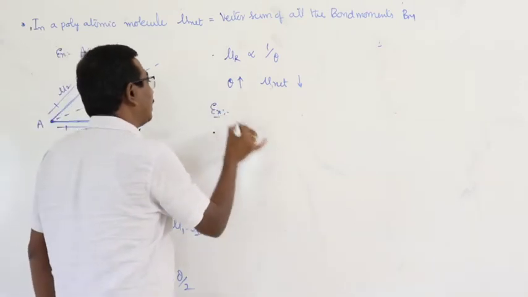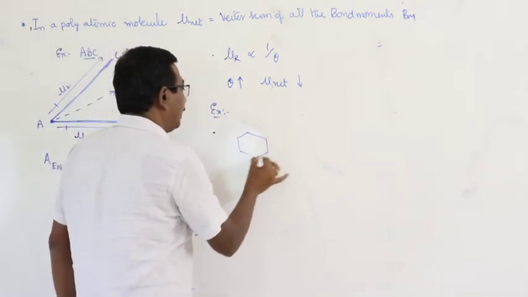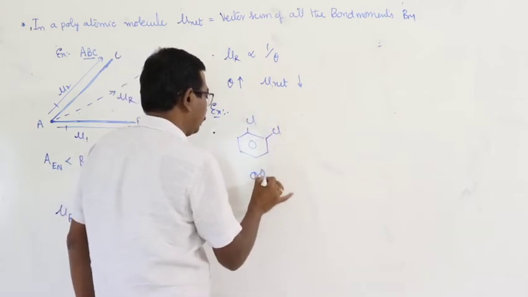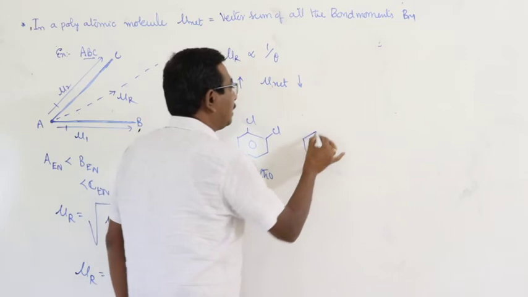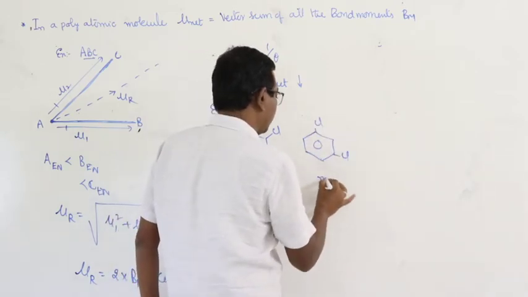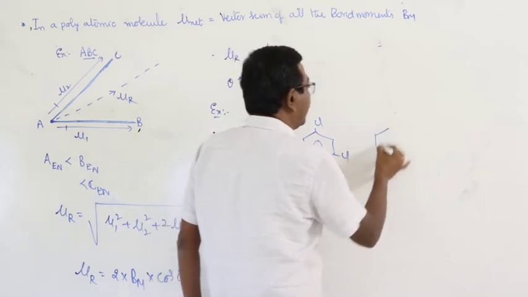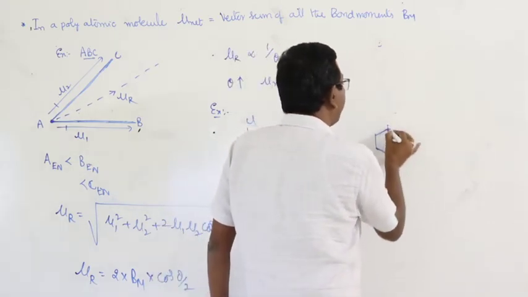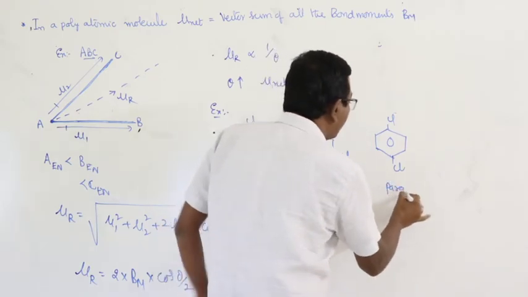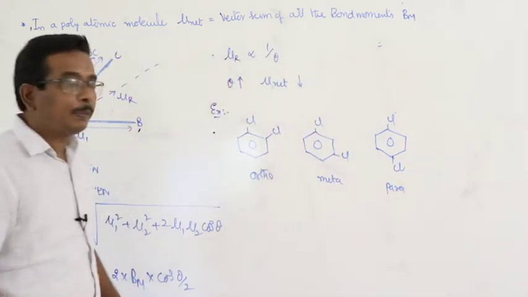Once again I will give the example. Here this is orthodichlorobenzene. Okay. And this is metadichlorobenzene. And this is paradichlorobenzene. What about the order of the net dipole moment?